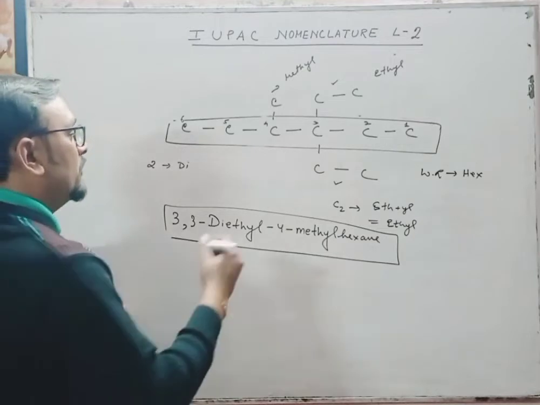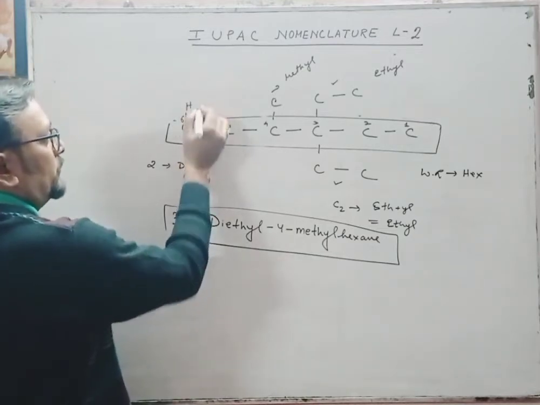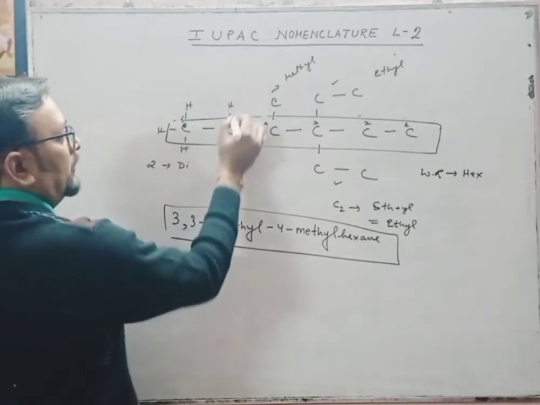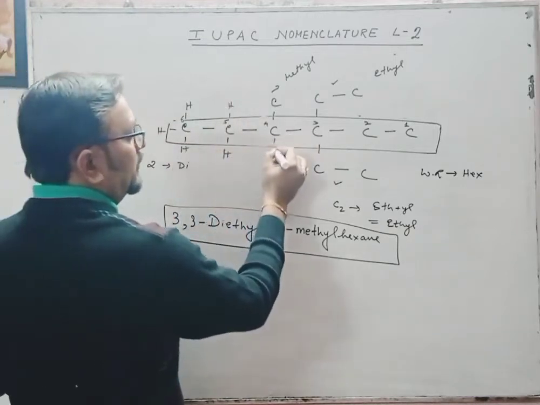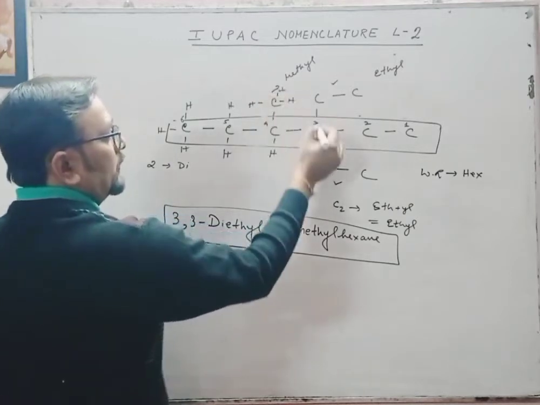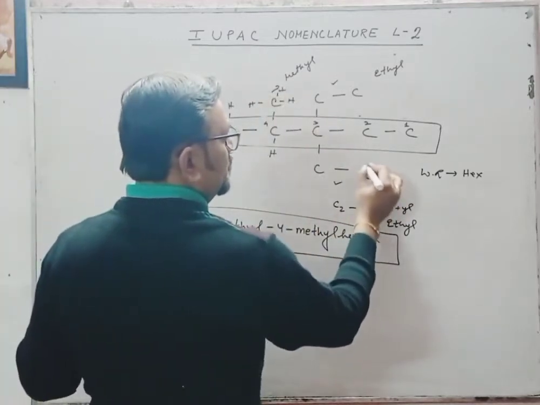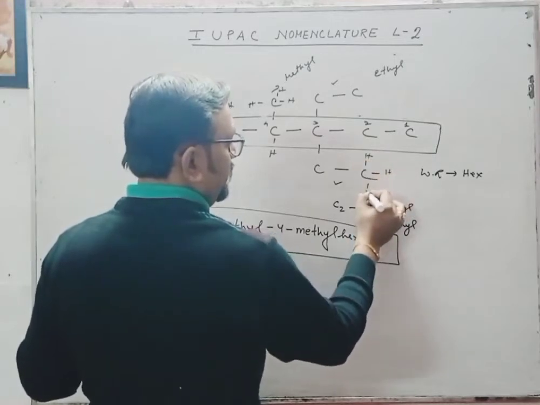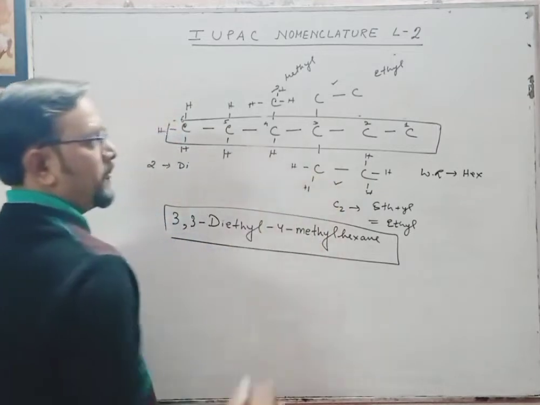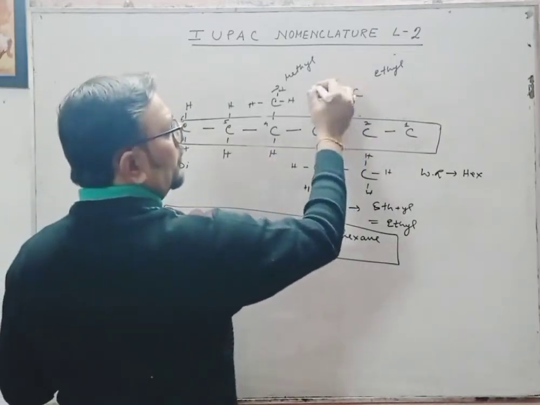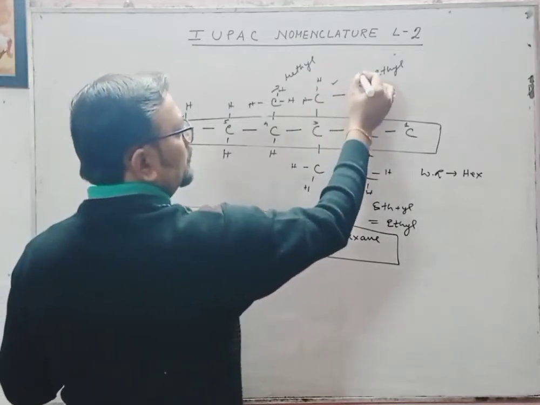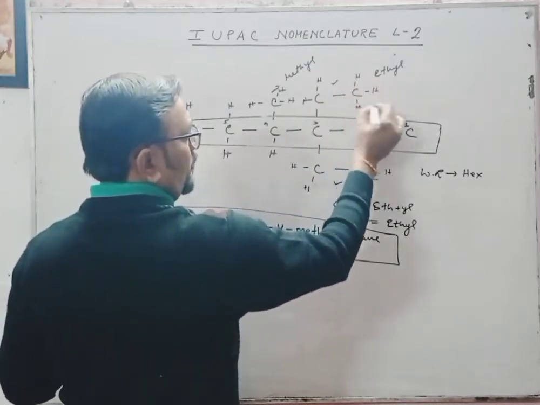Understood all of you? Now finally put the hydrogen. Count and put 1, 2, 3, 4. Here also 1, 2, 3 and 4.